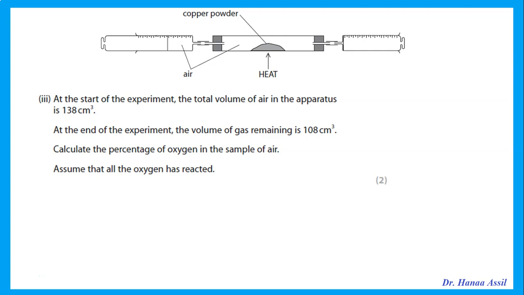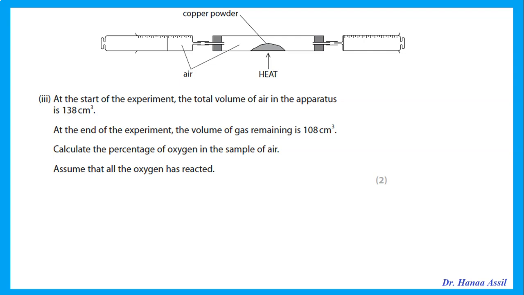At the start of the experiment, the total volume of air in the apparatus was 138 centimeter cubed. At the end of the experiment, the volume of gas remaining is 108. Calculate the percentage oxygen. So, of course, if I'm starting with 138 centimeter cubed of air, then the copper is going to react with the oxygen in the air, and we're told to assume that all the oxygen has reacted.